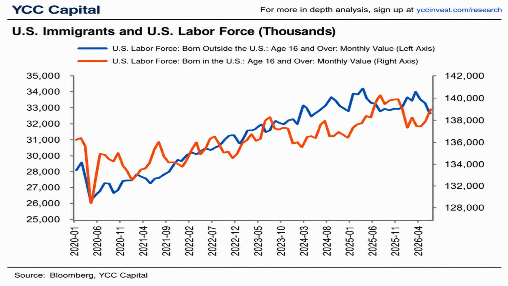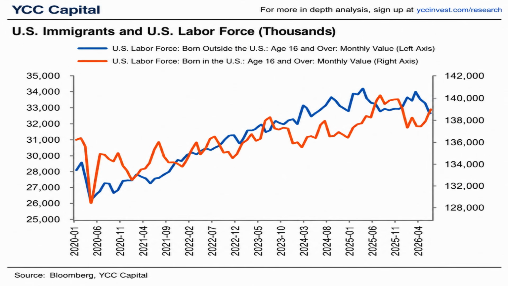Over the past several years, the foreign-born labor force has expanded significantly faster than the native-born workforce. Immigration has become one of the largest contributors to overall labor supply growth. This increase has helped relieve many of the labor shortages that characterized the immediate post-pandemic recovery.